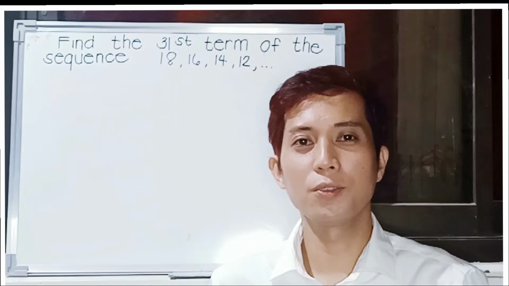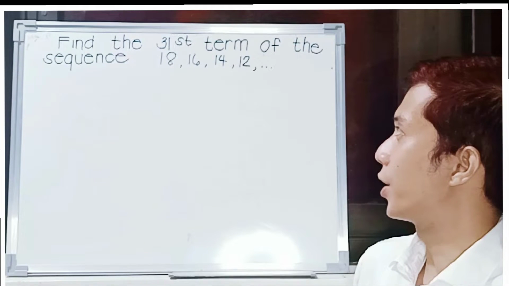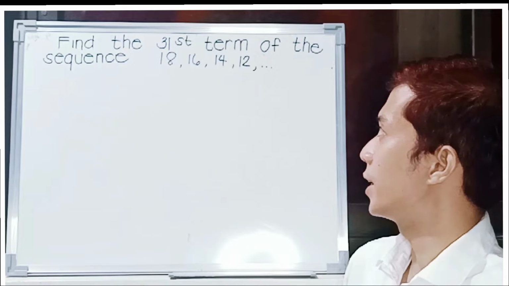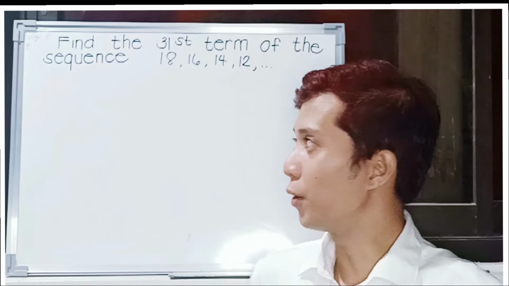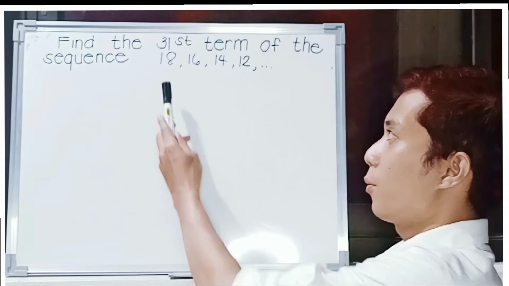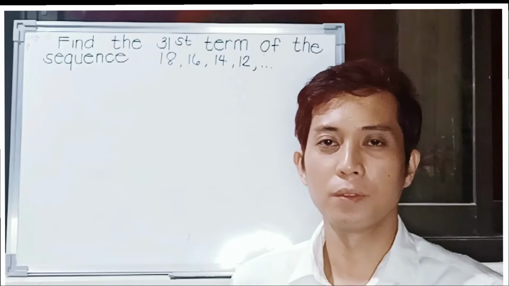Let's proceed to our third problem. Find the 31st term of the sequence 18, 16, 14, 12, and so on. Before we begin solving, what have you observed about our sequence? You are correct.